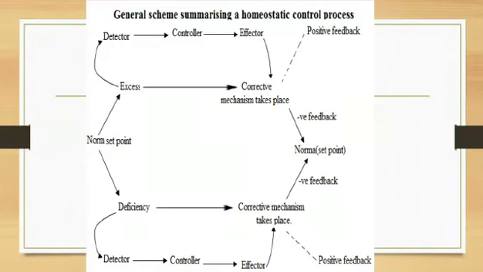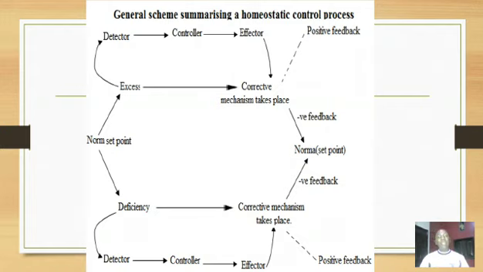Okay. Now, how about if the factor decreased below the norm? Take an example of sugar levels. They may increase or they may decrease. Now, if a factor to be regulated decreases below the norm, decreases below the reference point, that deficiency again is detected by the detector or the receptor.